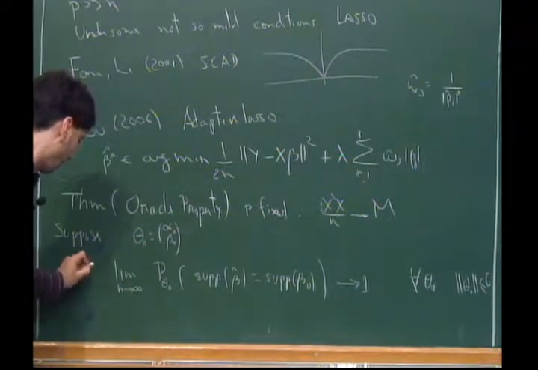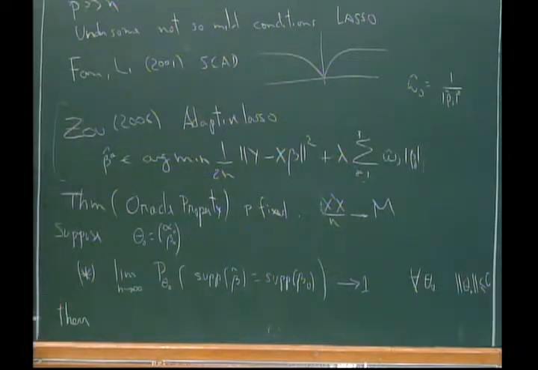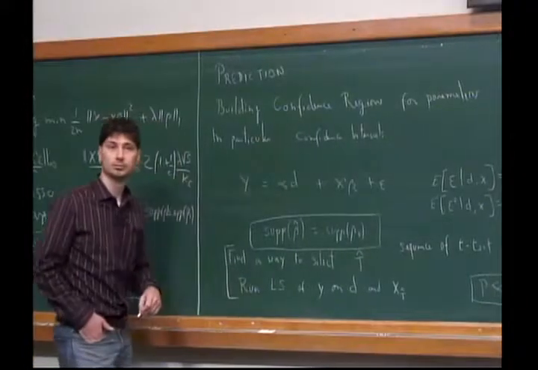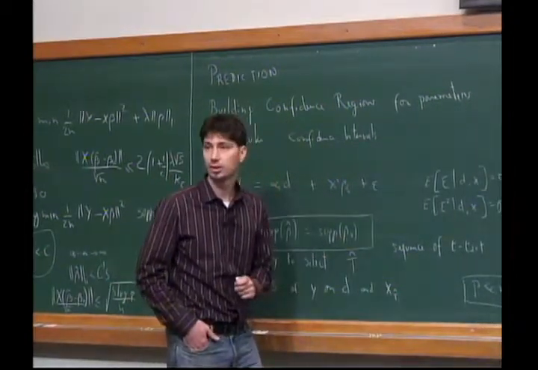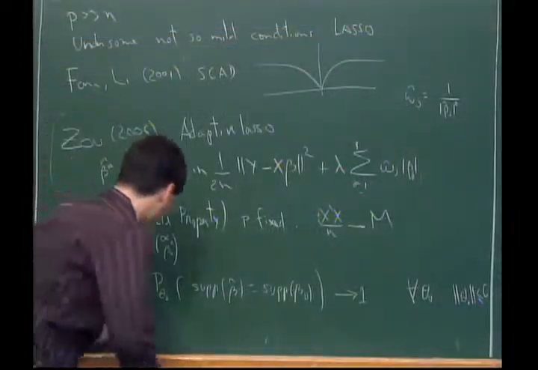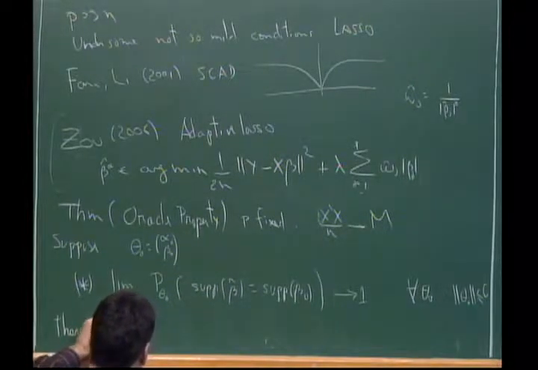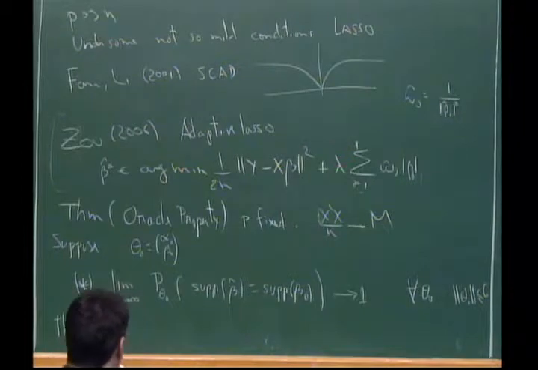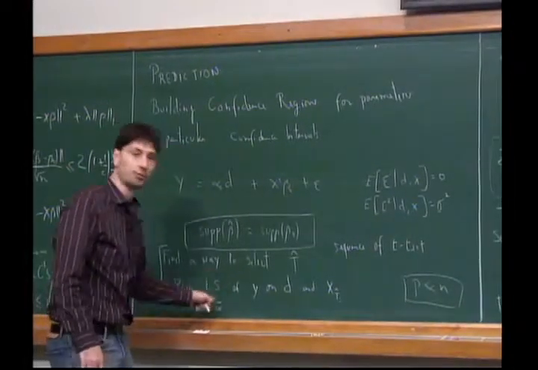So if you have this oracle property, then this procedure, which is running least squares of the outcome on D and on this selected support, gives you alpha bar from this least squares.